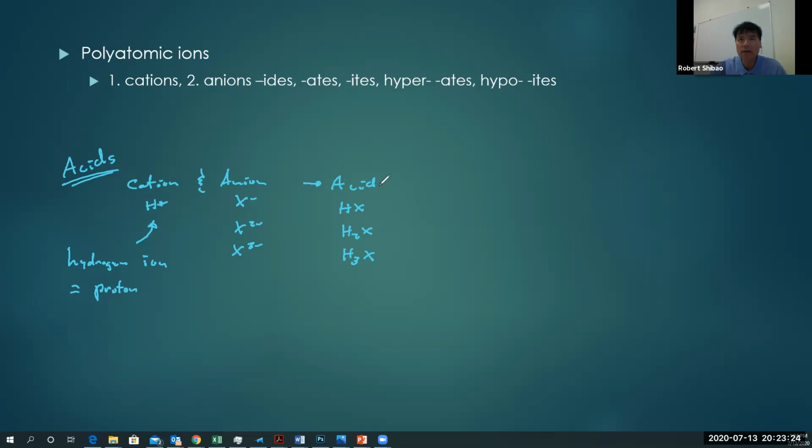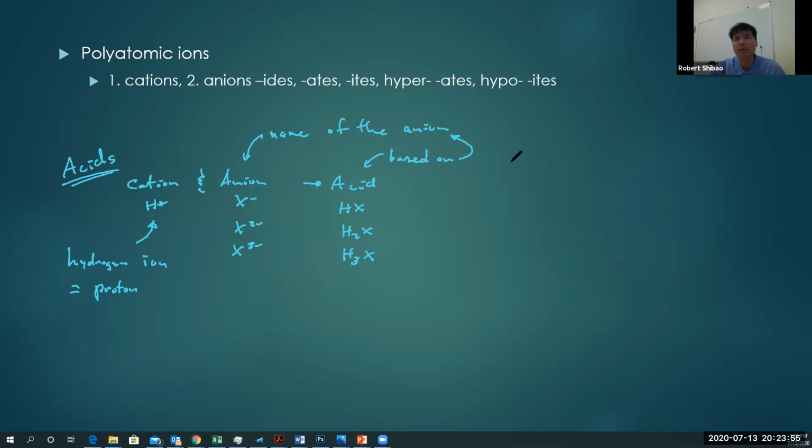Well, let's take a look at the acid name. The acid name is based on the name of the anion. The cation's always the same, it's H plus, and so the only difference is the anion.